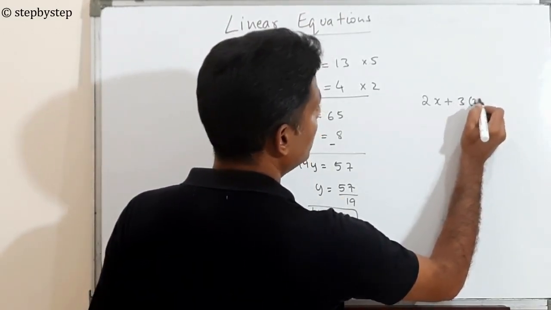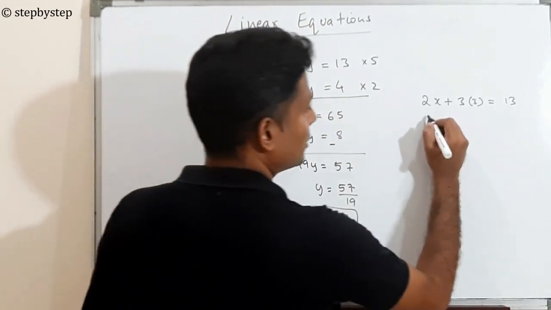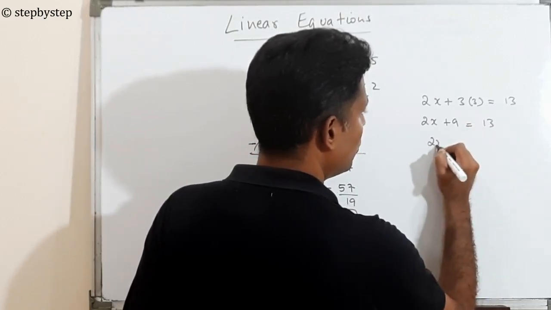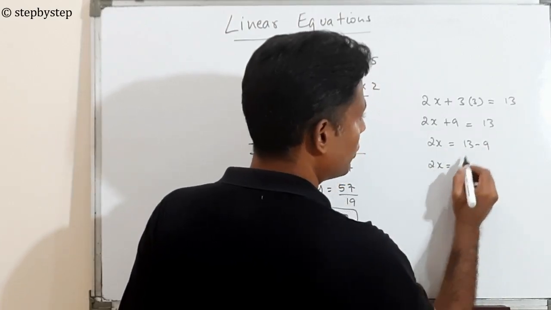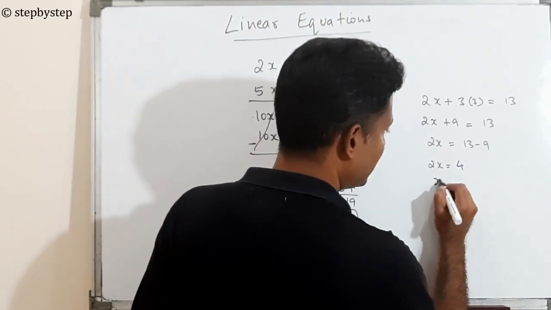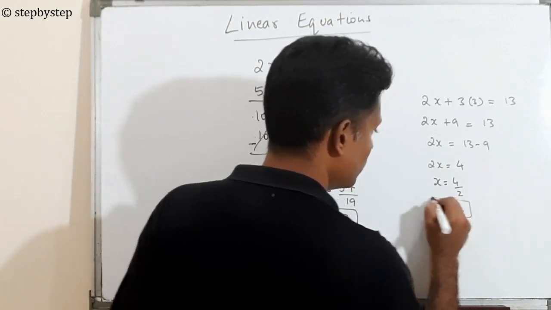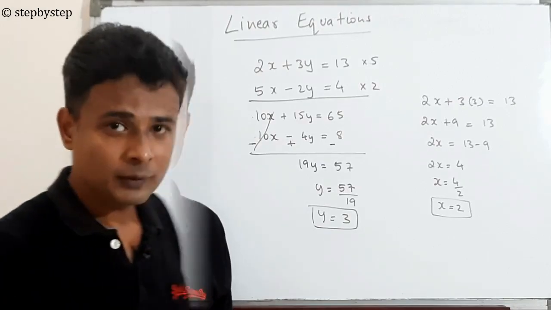So I get 3 into 3, equal to 13. Right? So 2x plus 9 equal to 13. 2x equal to 13 minus 9, which is 4. So x equal to 4 by 2. So x equal to 2. So I found the value of y and x.